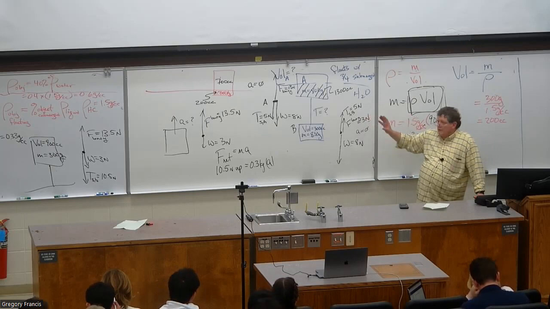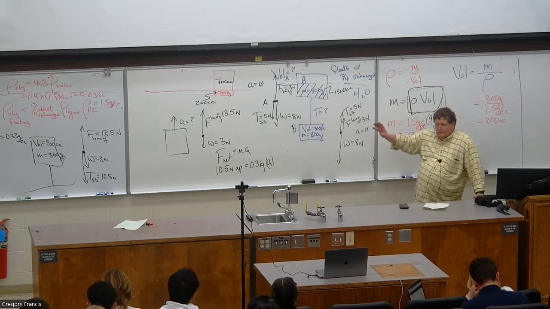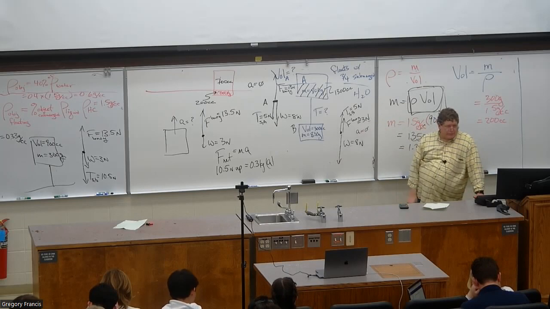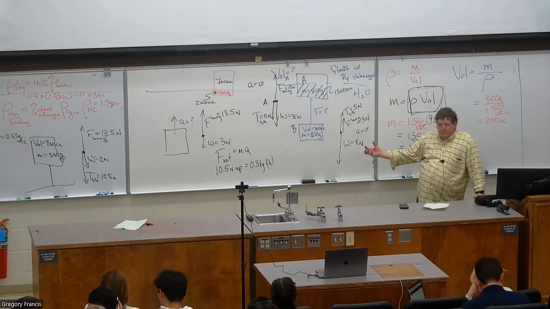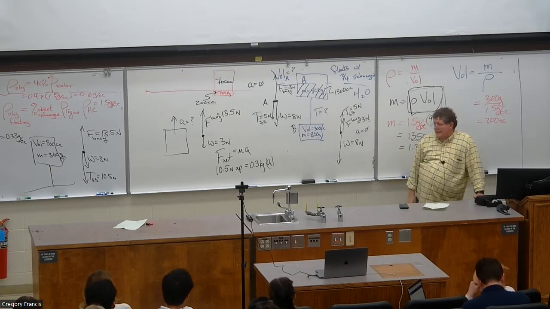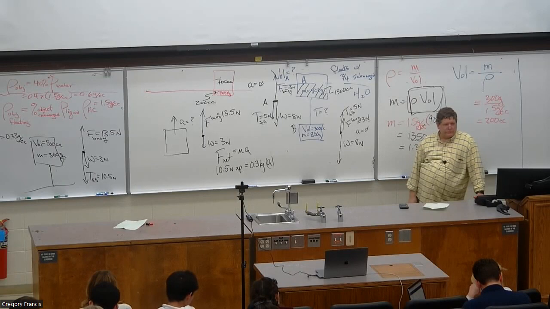Something's floating when there's only two forces on it, weight down, buoyancy up. And I've got that tension force in there that's changing everything. Because block B is pulling A down, it's riding lower in the water than it would if it was all by its onesies.